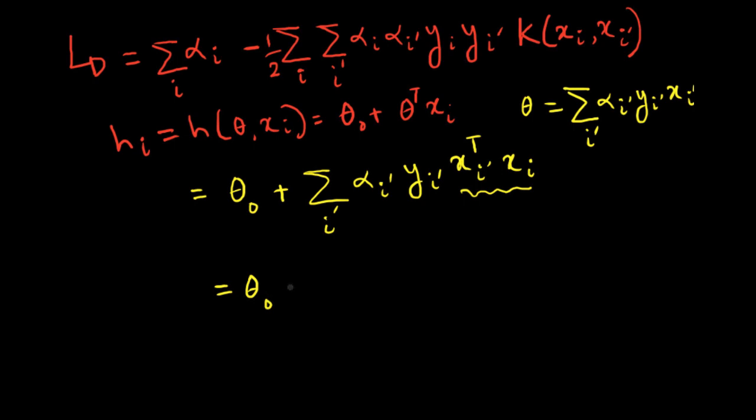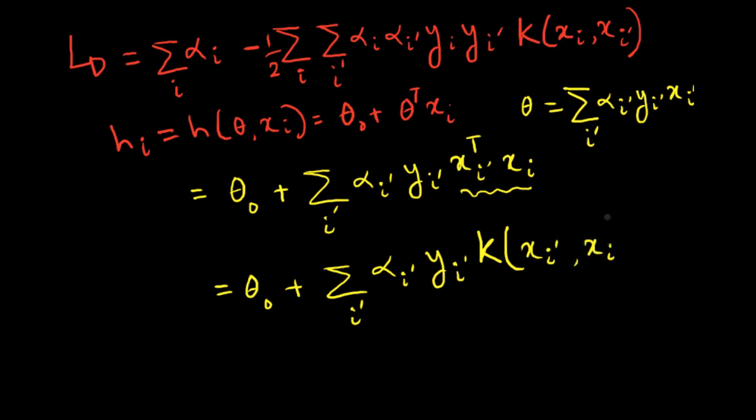So this becomes theta 0 plus summation over i prime alpha i prime y i prime times the kernel function x i prime times x i. But since the kernel function is symmetric, this is equal to this. So once you define the kernel function, you can now estimate your h x without knowing the actual transformation.